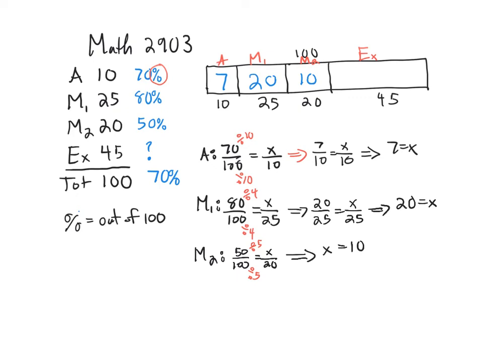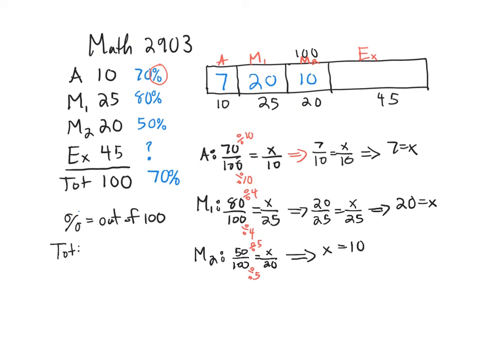So we want to see what their mark needs to be in percentage on the final exam. So let's work out how many points they need in order to get that final mark of 70%. So they need 70 points overall. So this is the final, their total.